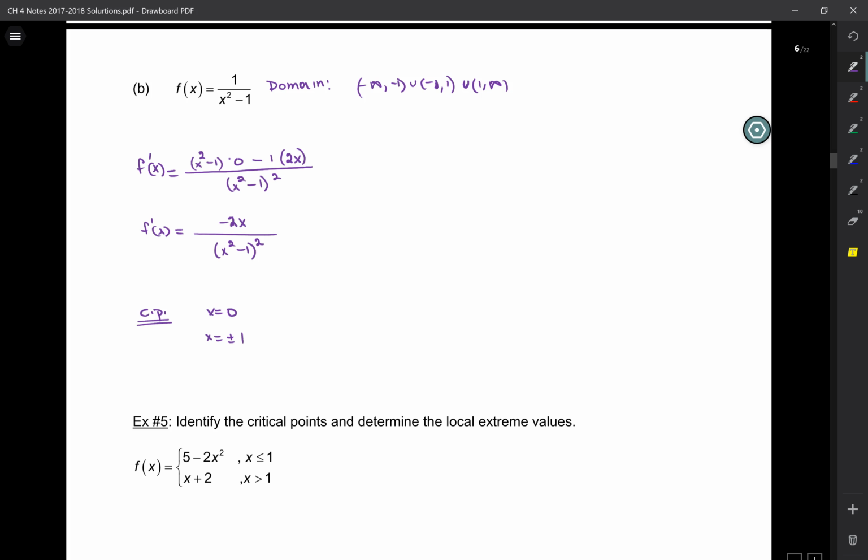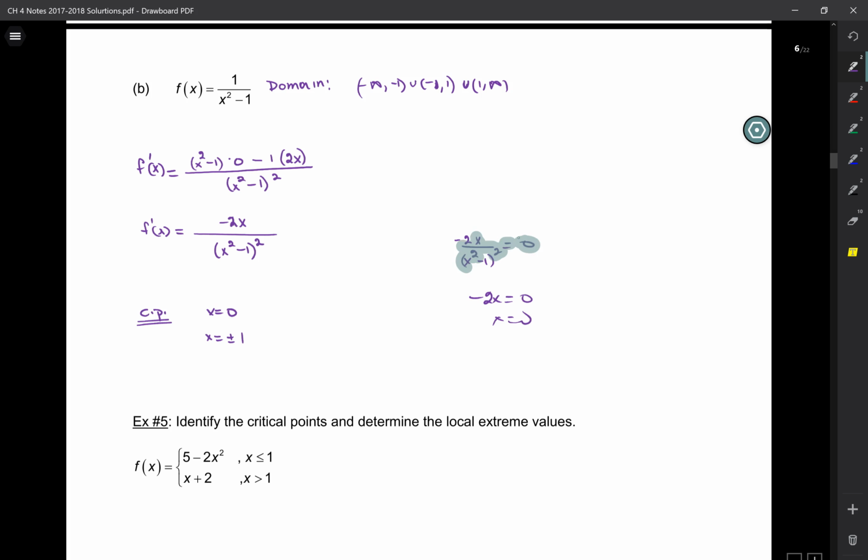Because you have to find all the values where f prime is 0, or it's undefined. Why is it 0 again? x equals 0? Because if you set that entire function equal to 0, cross multiply, negative 2x equals 0, x is 0.